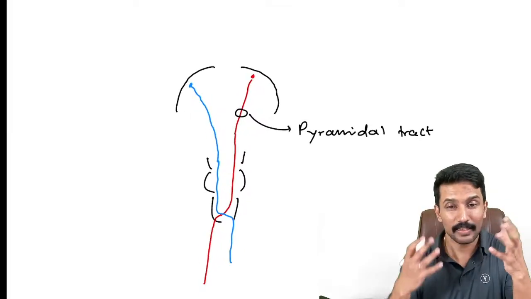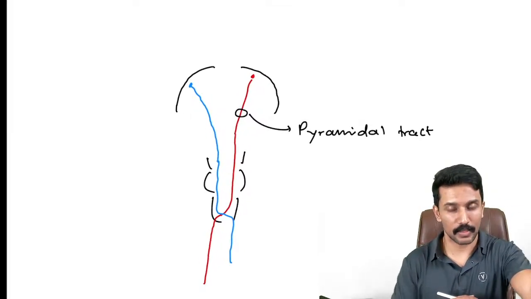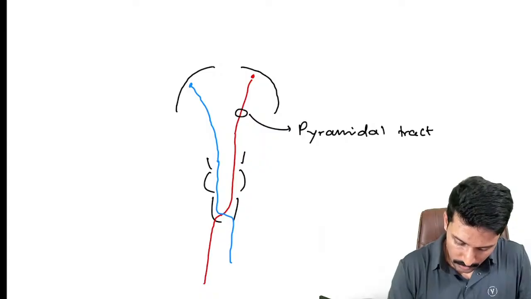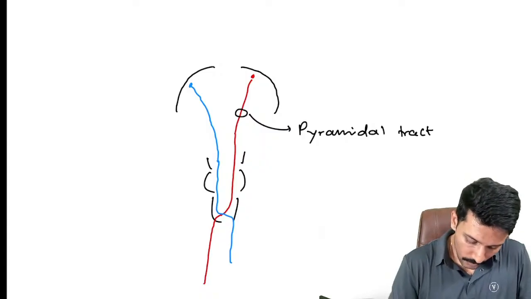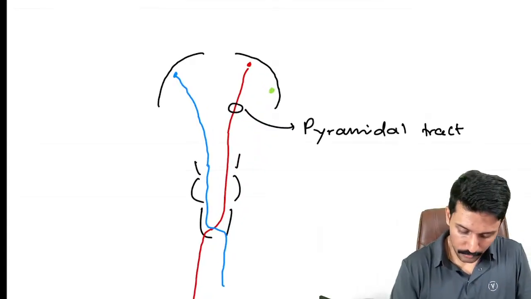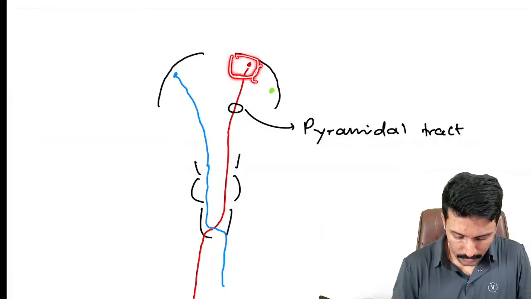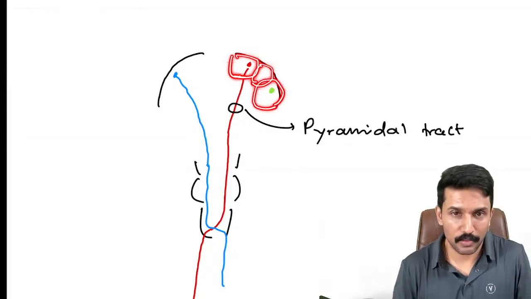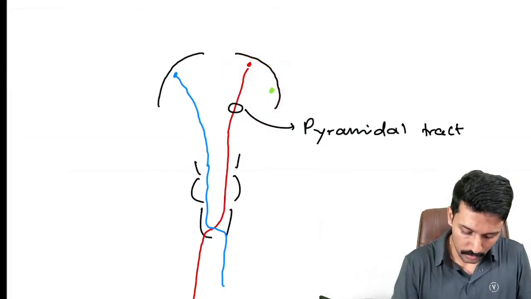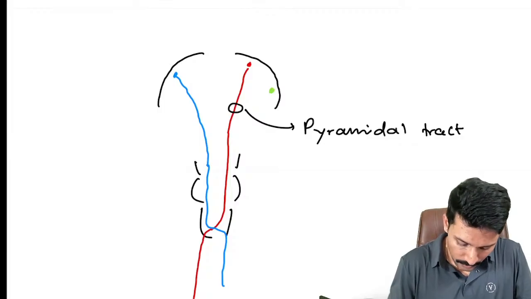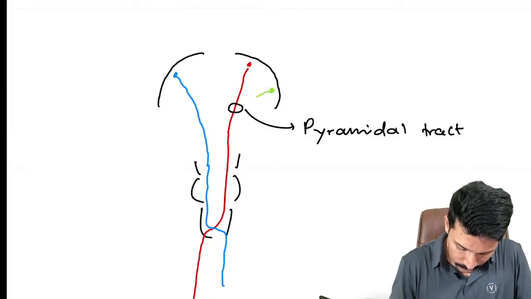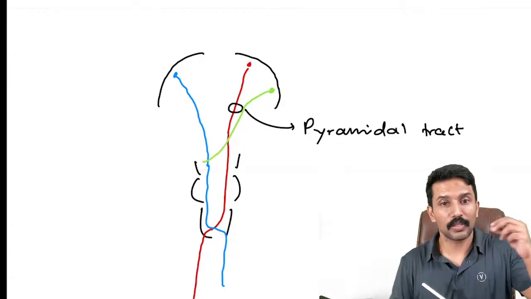And then for the head and neck, we have the corticobulbar tract and cranial nerves. So they begin their journey in that face area. Remember, here we have the lower limb, here we have the upper limb represented, and here we have the face. So from the face area or the head and neck region, it begins and it crosses to the opposite side above the brainstem.